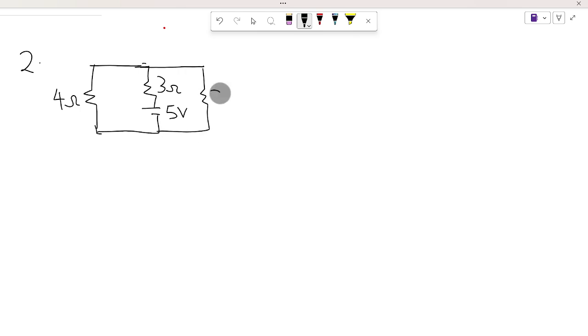So we have a 4 ohm resistor connected to a 3 ohm resistor, and this a 5-volt power source, and connected to another 2 ohm resistor.